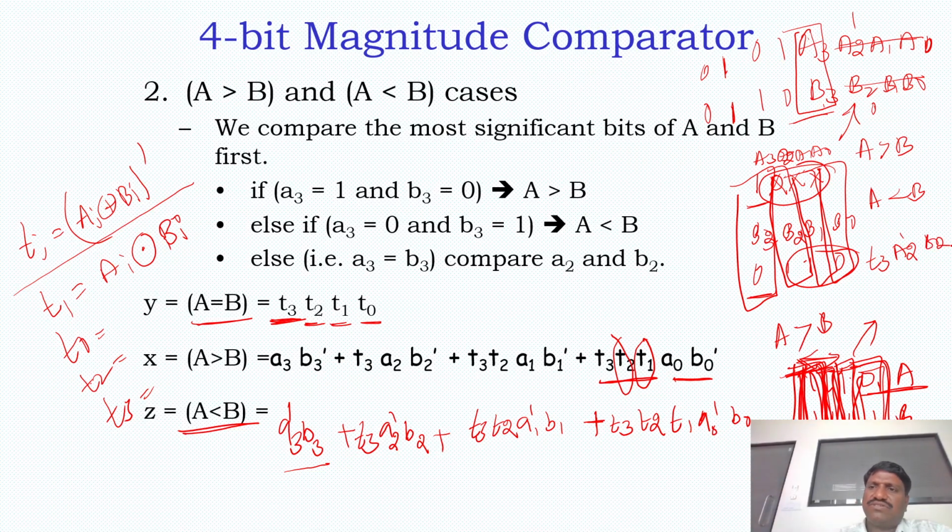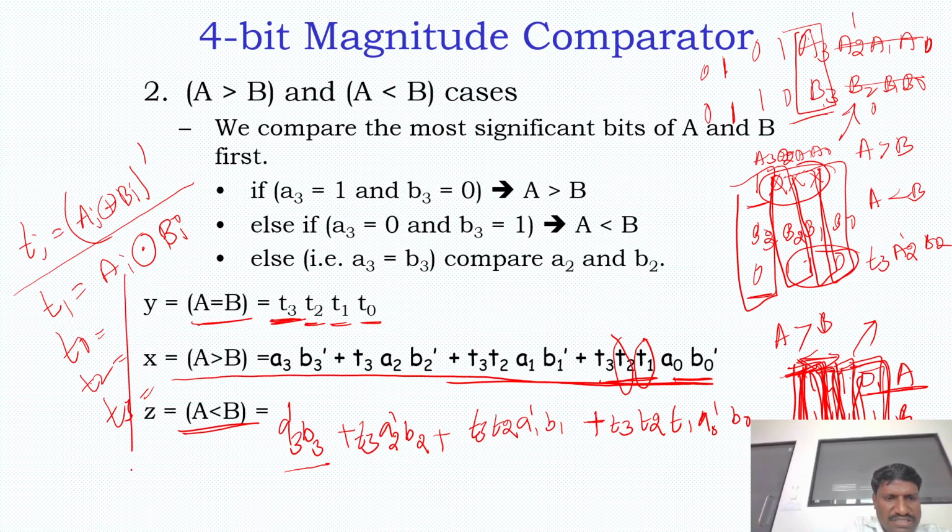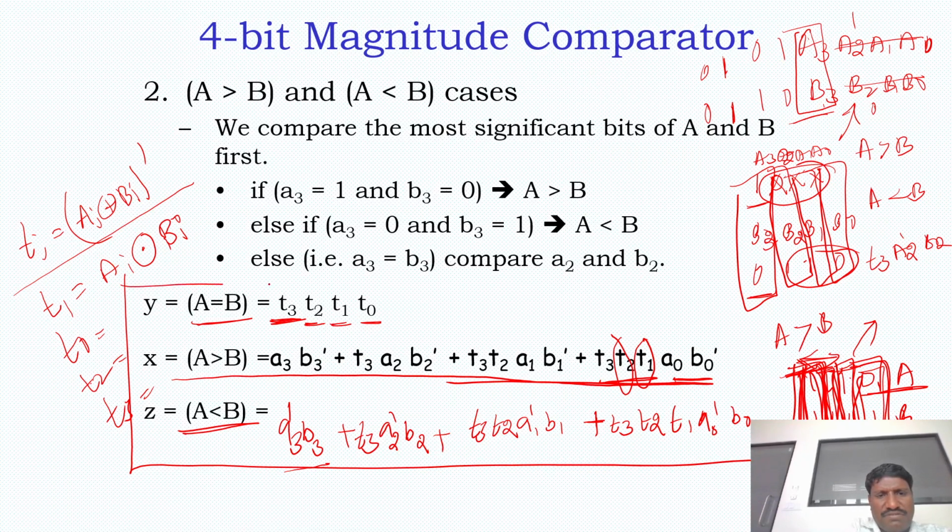Likewise we will have all possible combinations that will give you the direct expression for the comparator. From these expressions we can implement what is known as a 4-bit comparator.